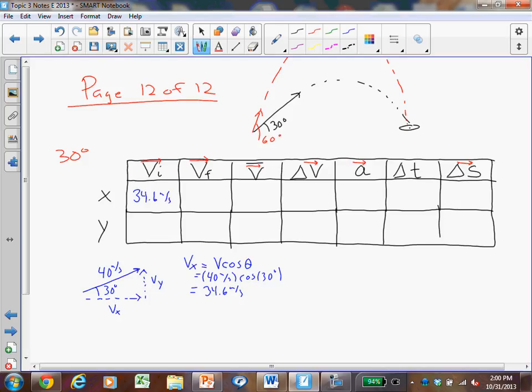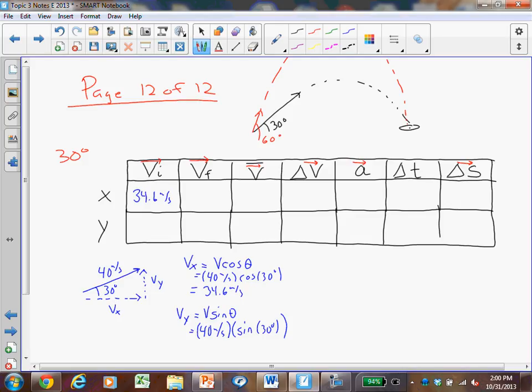And our initial y is V sine theta, right? So that would be 40 meters per second times the sine of 30 degrees. Anybody know offhand what the sine of 30 is? Well, this whole thing would be 20 meters per second. The sine of 30 is 0.5.